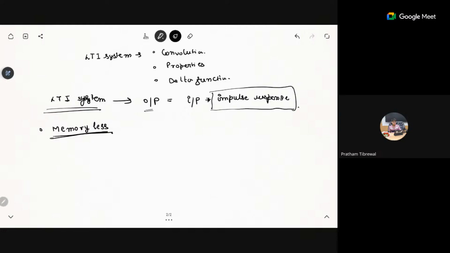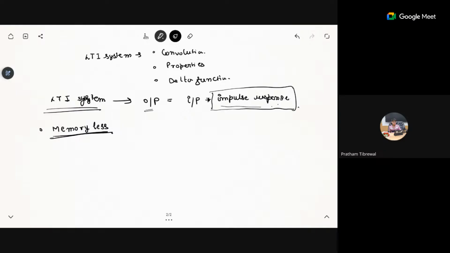Yes, that's true. But how can you say based on the impulse response of the LTI system? That is for any system: any system that doesn't depend on past or future is memoryless.